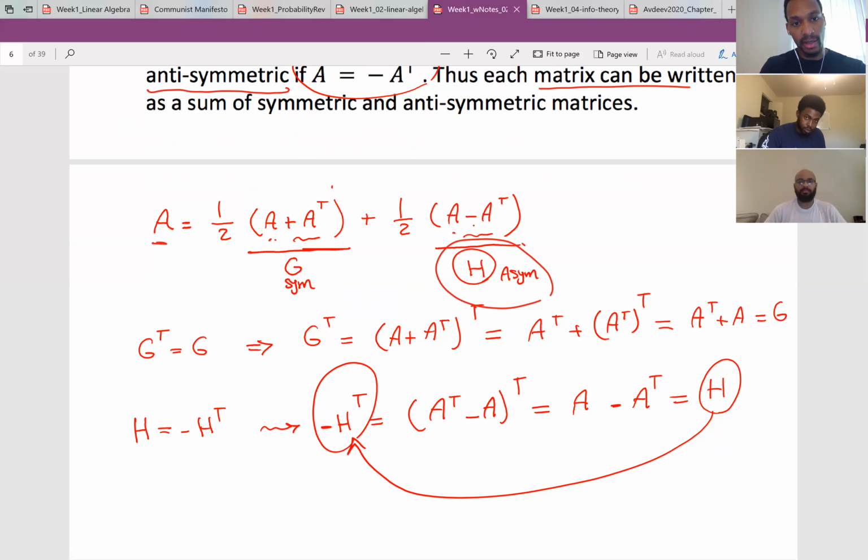This part here, A plus A transpose, is symmetric. I don't really know a situation where this is applicable per se, but the big thing is that if you take the sum of a matrix plus its transpose, it's going to be symmetric.